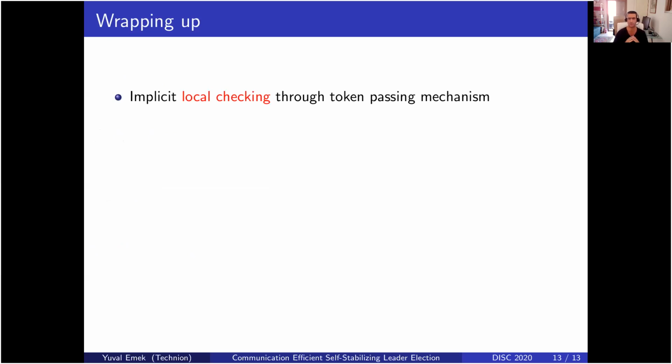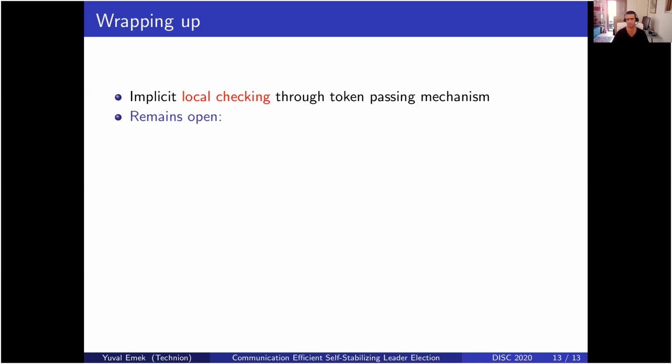As it is, this local checking requires a lot of communication because each node has to exchange messages with all its neighbors in each round. In our algorithm, in a sense, we implement an implicit local checking by means of this token passing mechanism. And this idea may prove useful in the design of other self-stabilizing algorithms.